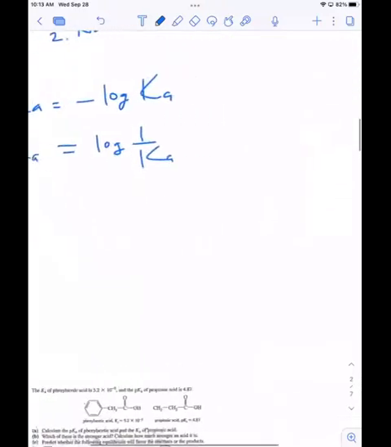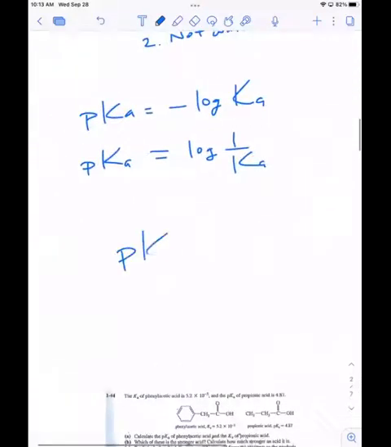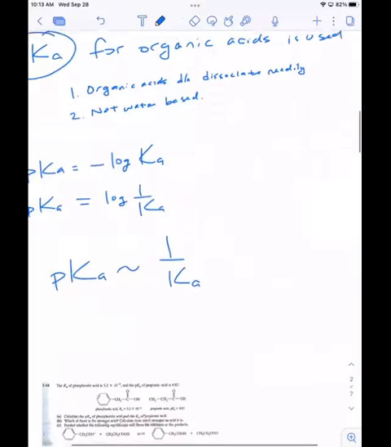What happens to the pKa if the Ka is a really big number? It decreases.